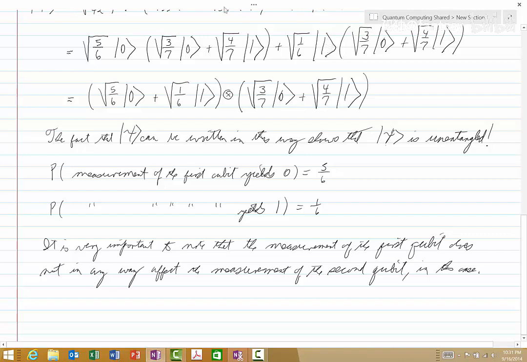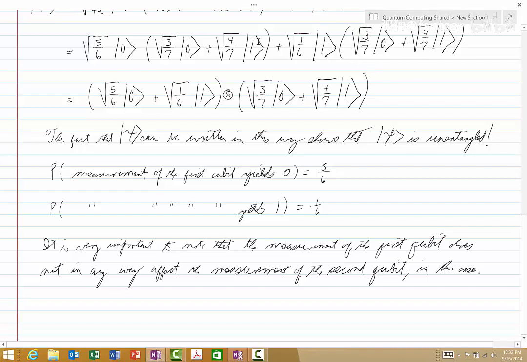So if we measure 0 for the first qubit, then we would conclude that the resulting state would be the ket 0 times this. And on the other hand, if we measure 1 for the first qubit, we would conclude that the resulting state is the ket 1 times this.